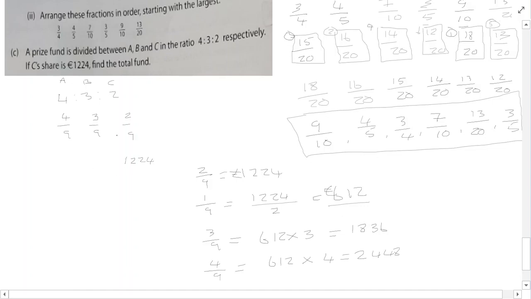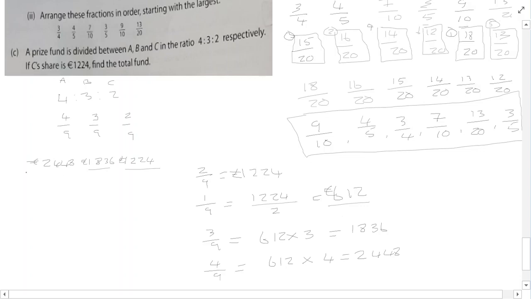So we can say that 2/9 is this amount, 3/9 is 1836, and 4/9 is equal to 2448. And this is euro, euro, and euro.